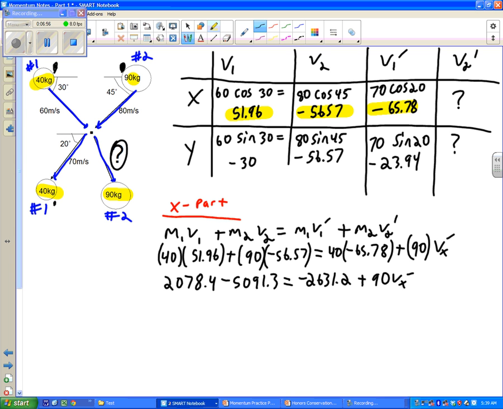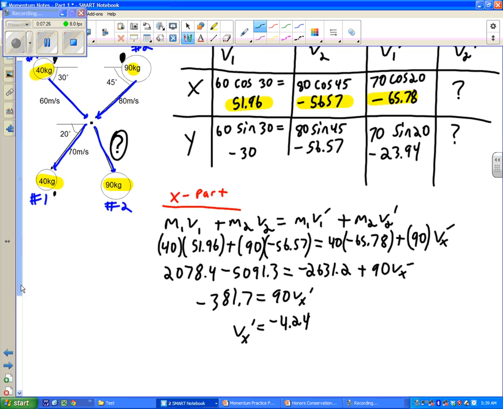I'm going to subtract, and I'm also going to add that 2631.2 from the right side, and I'm going to get negative 381.7 equals 90 Vx prime. So I get my Vx prime equal to negative 4.24. Great. That is my answer for the velocity in the x direction.